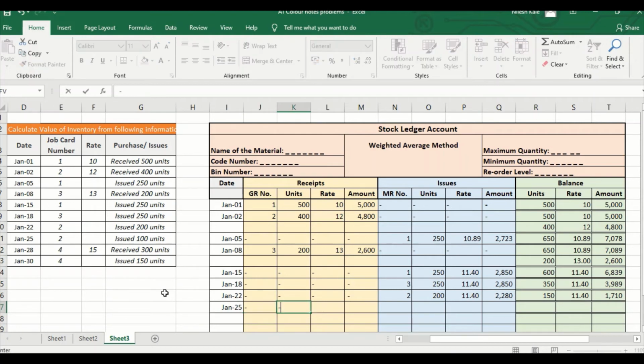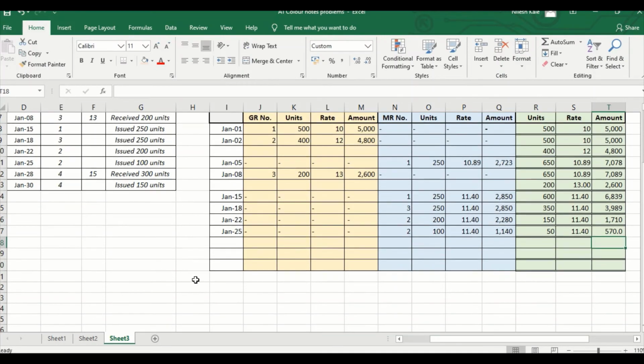from job card number 2, we have issued 100 units. And what is the rate? 11.40. 100 into 11.40, 1140. 50 into 11.40, 570.